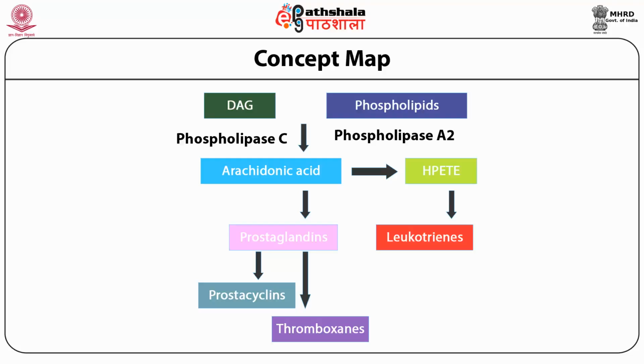Whereas on the other hand, arachidonic acid also gives rise to 5-HPETE, which finally results in the formation of leukotrienes.